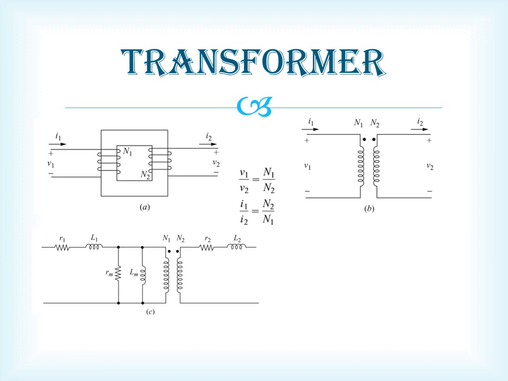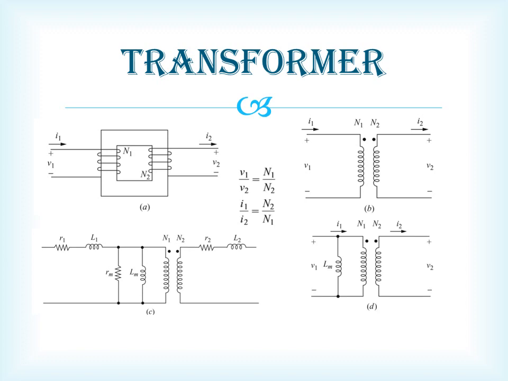But the transformer has several components. If we model a transformer, it will have R1, L1, R2, L2, which are the equivalent resistance of the primary winding R1, equivalent resistance of the secondary winding R2, leakage inductance L1, leakage inductance L2. There is some useful inductance Lm, which is also known as the mutual inductance, and there is a core which is common between the primary and secondary, so there is a core loss which is represented as Rm.